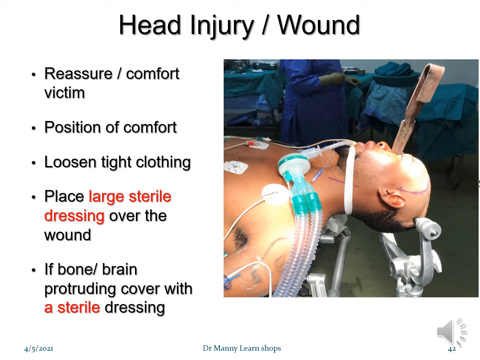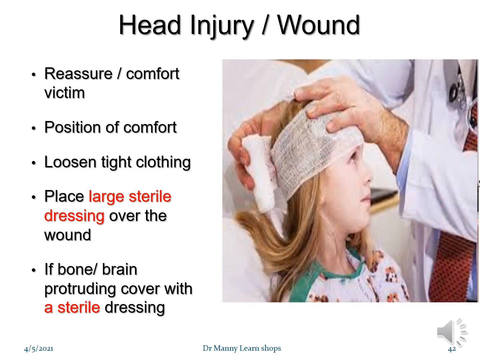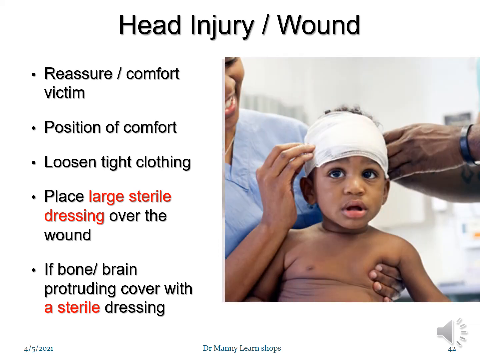Loosen any tight clothing. Place a large sterile dressing over the wound. If any bone or brain is protruding, cover it with a sterile dressing and reassure the victim. Stay with the victim.